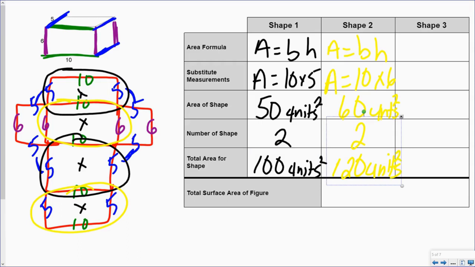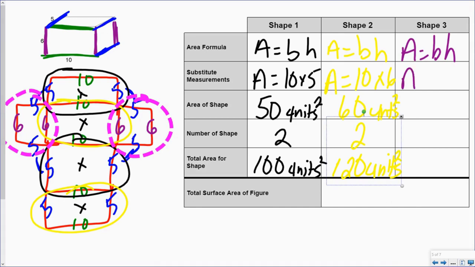And then my last shape is here on the side. So again, my area is base times height. In this case, that is 6 multiplied by 5, which gives me 30 units squared.